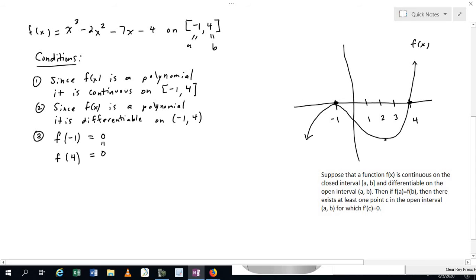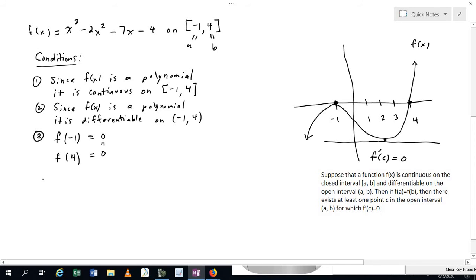It looks to be about right here, somewhere down here, because the tangent line at that point is horizontal. And so the derivative at that point has to be 0. So it's whatever this point is. Now we don't know exactly where that point is. We're going to find it, but you can approximate it. It's somewhere in here.